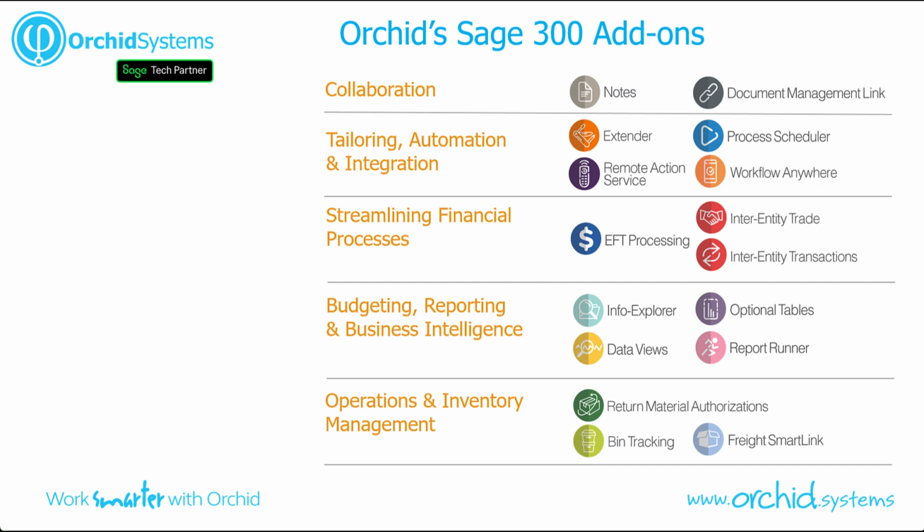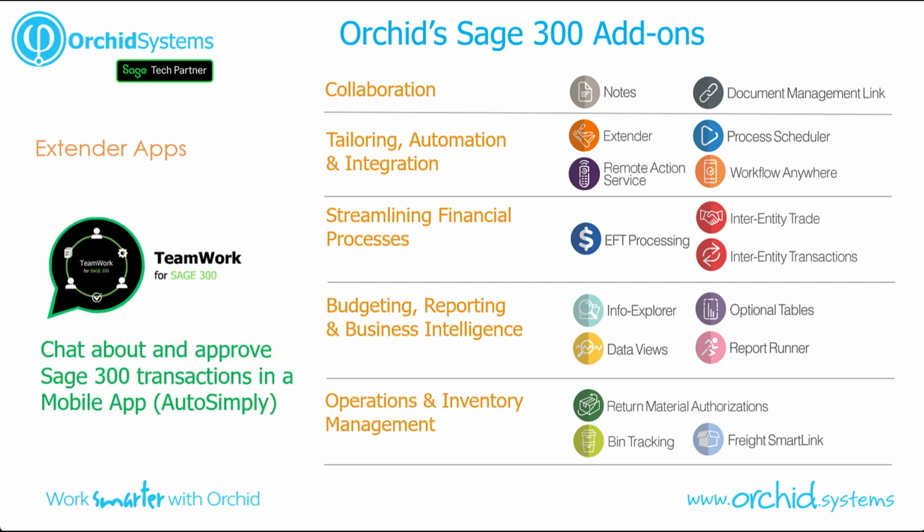Orchid's modules fall into these 5 main categories: collaboration, tailoring automation and integration, streamlining financial processes, budgeting, reporting and business intelligence, operations and inventory management. And with Extender, we are also able to create apps.